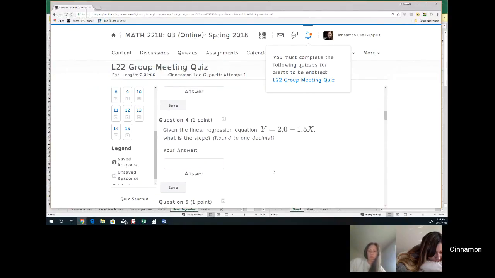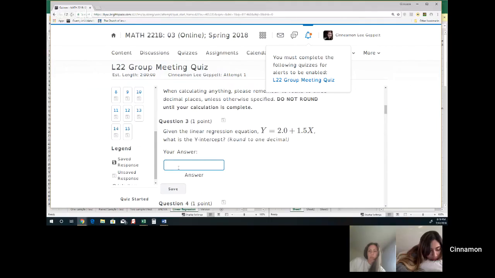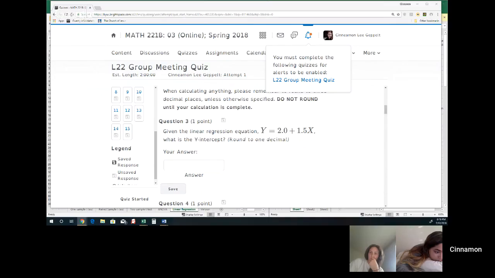So is it just asking, oh wait, that's number 4, so sorry, number 3. Given this equation, what is the y-intercept? Okay, let's try to type this one in. Would the slope just be the 1.5? That's what I'm wondering.